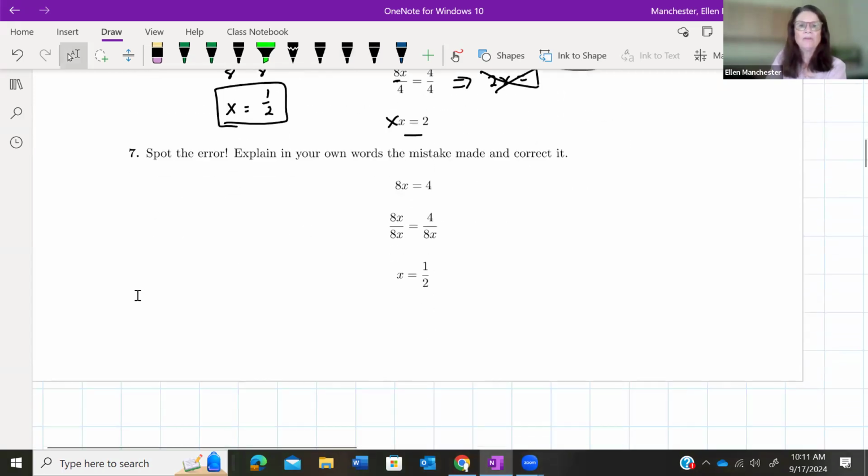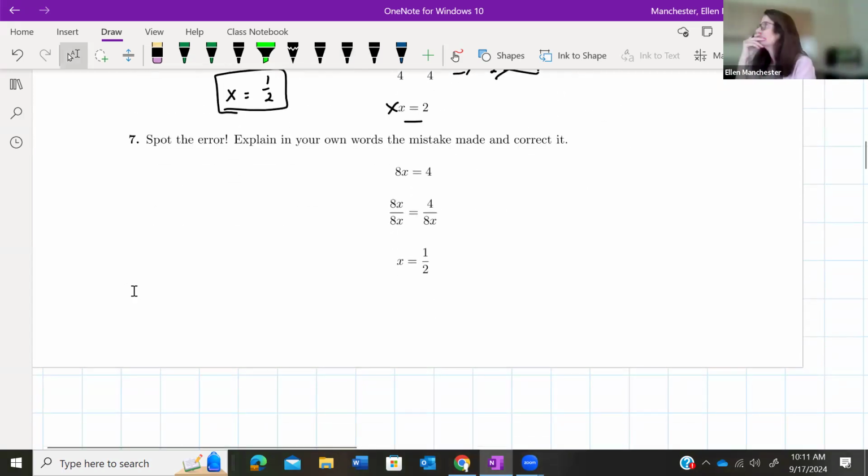All right, how about number 7? What's the error? Okay. Okay, and so we want to make sure that we keep the x there. I've seen this error too. So remember, you're dividing by the coefficient, not the x.